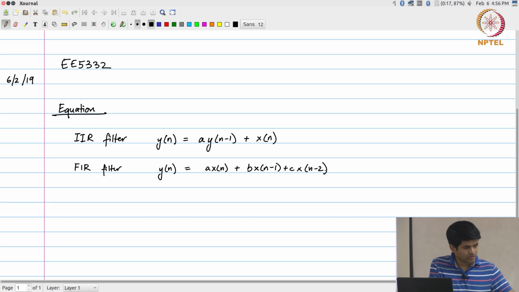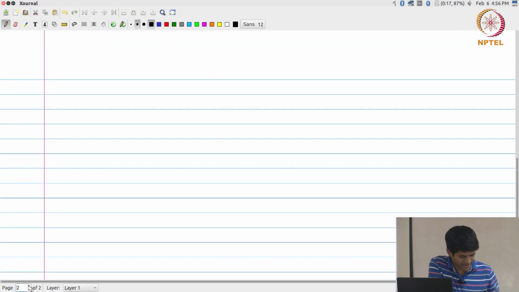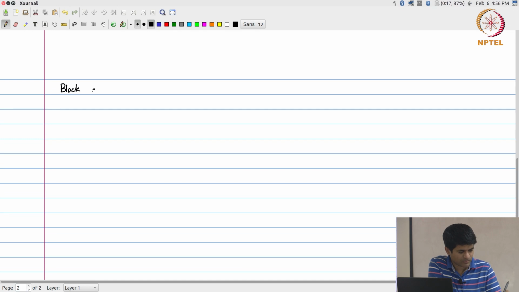All right, so what do we do with this? When we are moving towards a hardware implementation, there are a few different kinds of visualizations or representations that we can use that help us to understand this a little better, right. And these examples are simple enough that we can straight away jump to something that is called the block diagram, or a block level architecture, right.